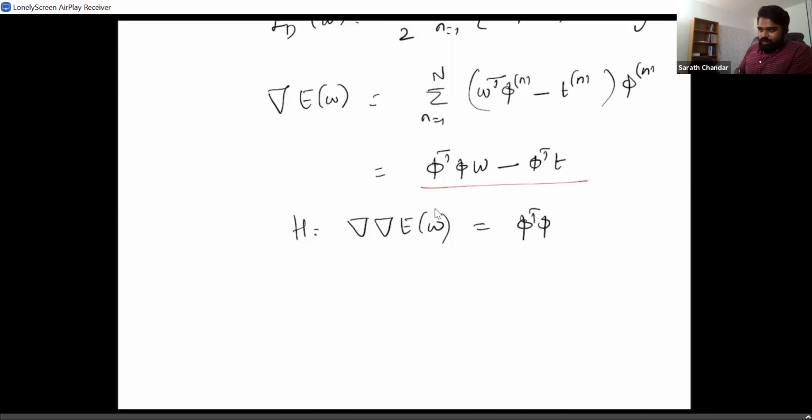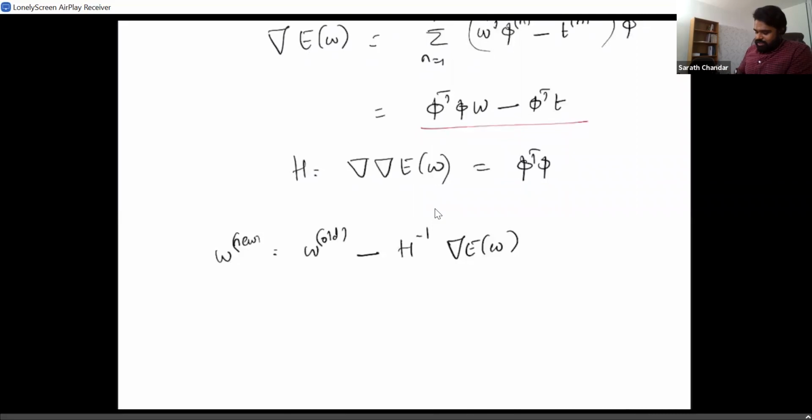Now let's compute the Newton-Raphson update rule. So W new is equal to W old minus Hessian inverse times the gradient, right? This is Newton-Raphson. Now this is W old minus phi transpose phi inverse times the gradient.